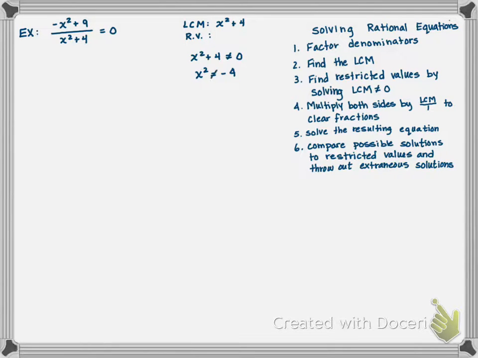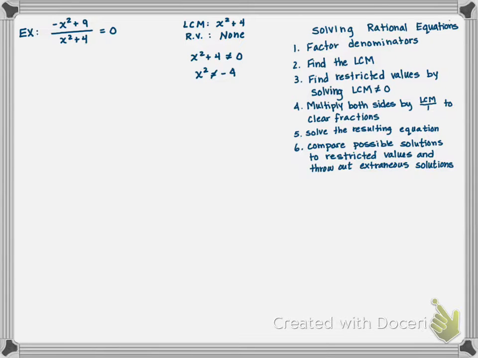And what's negative 2 squared? Also 4. So are there any numbers you can square to get negative 4? Because if you square a positive, you get a positive. If you square a negative, you get a positive. So there's nothing you can square to get a negative, which means that x squared just never is equal to negative 4, so we have no restricted values. There are no x values that will make the denominator 0.